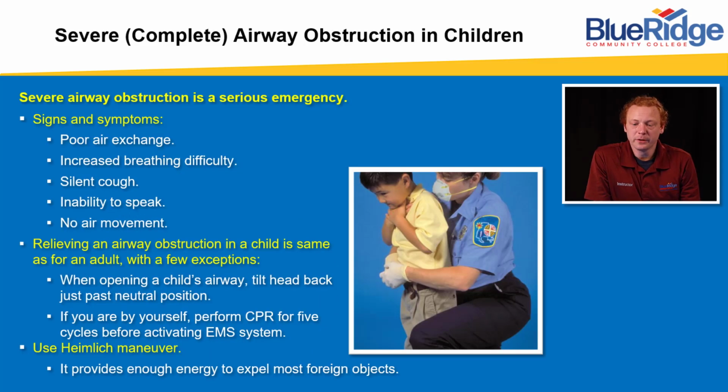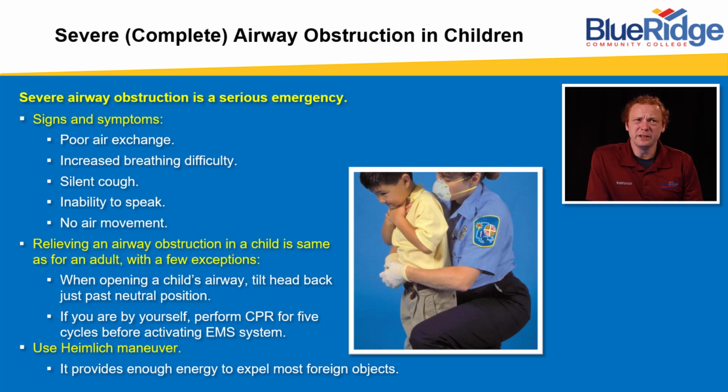A complete airway obstruction or a severe airway obstruction is a serious emergency for children. This involves poor air exchange, increased breathing difficulty, silent cough, inability to talk, or sometimes no air movement whatsoever. Use the Heimlich maneuver because this creates enough force and energy to expel most objects that would cause a complete airway obstruction.